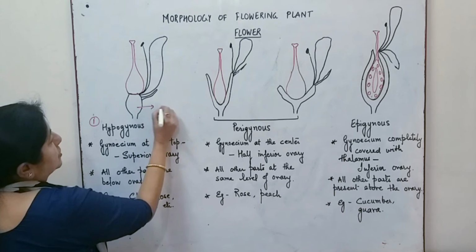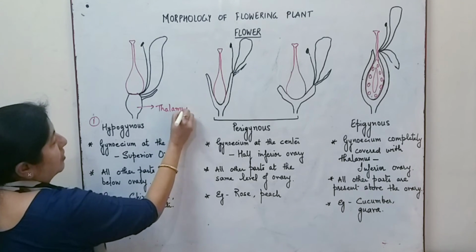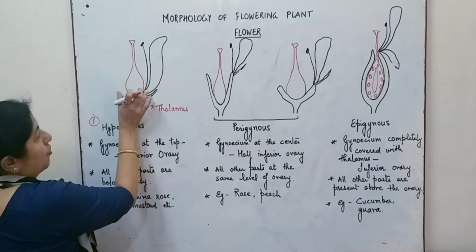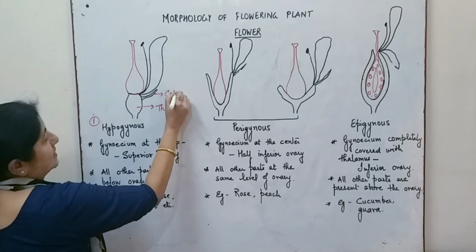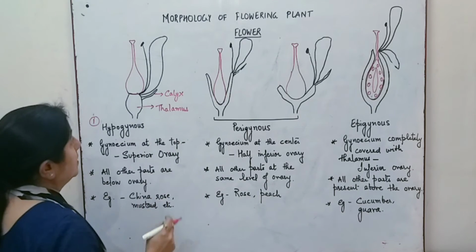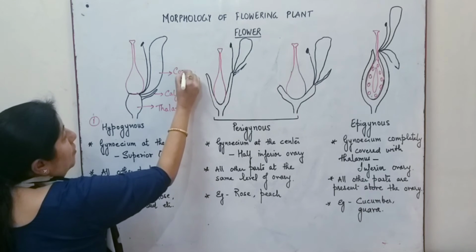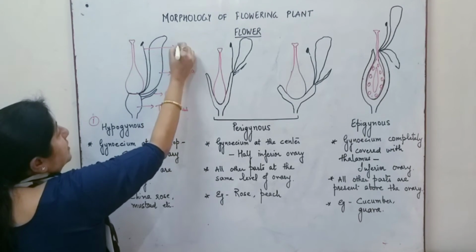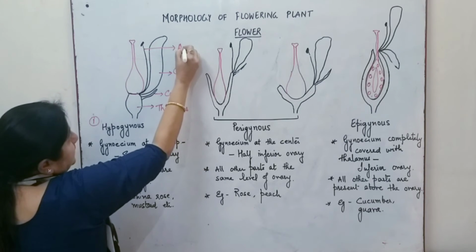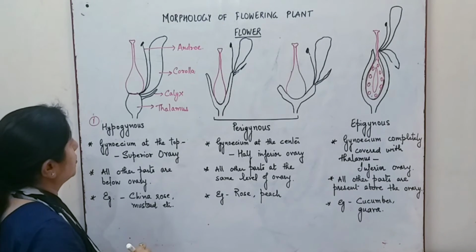The swollen structure which we see over here is the thalamus or the receptacle on which all the floral parts will be lying. This is the calyx or the sepal. This structure is the corolla or the petals, and this is the androecium or the stamen, that is the male reproductive organ.